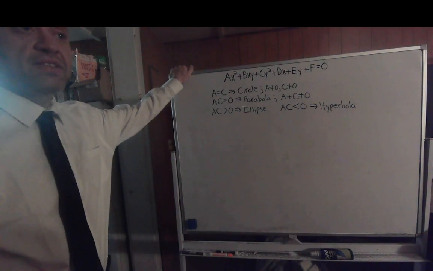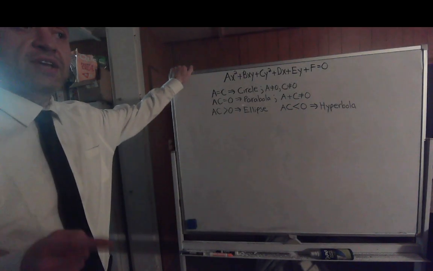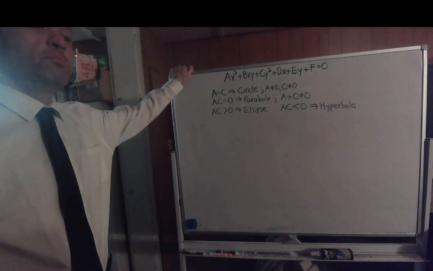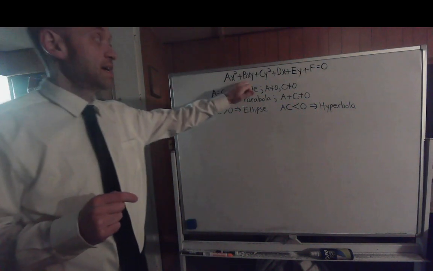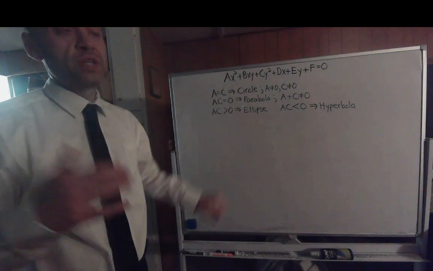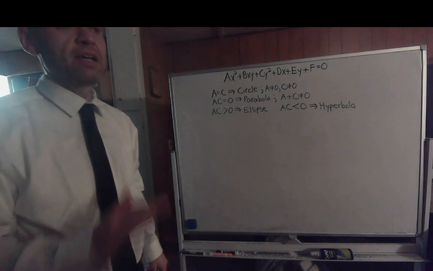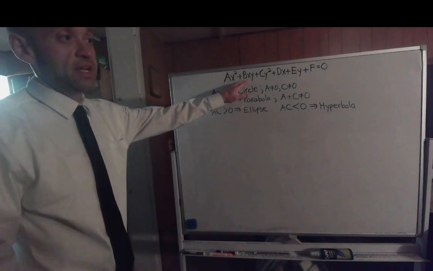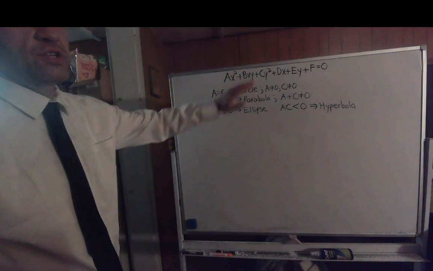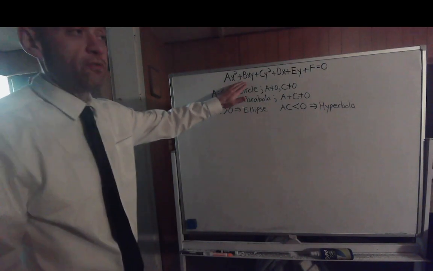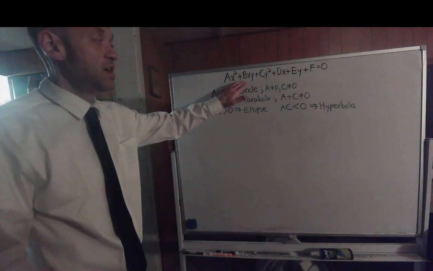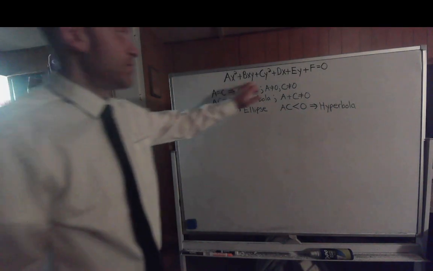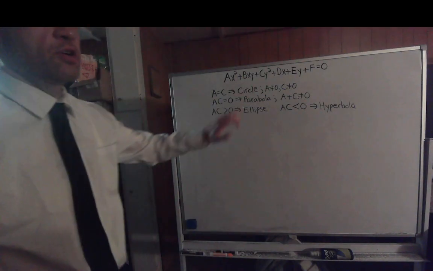We haven't had that up to this point, and we're not going to have it in today's lesson, but it ties into the next lesson when we talk about rotation of axes. We won't have a b term today, but this is the general form for the standard equation of a conic section.